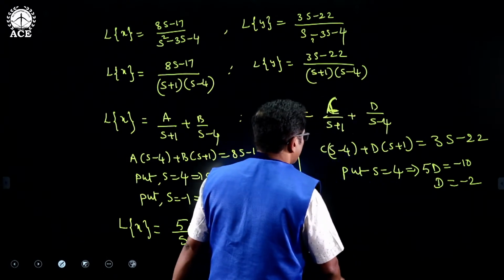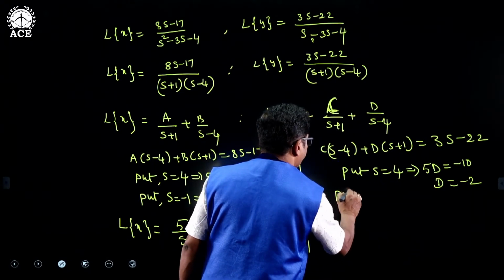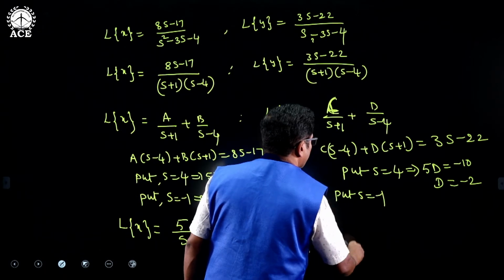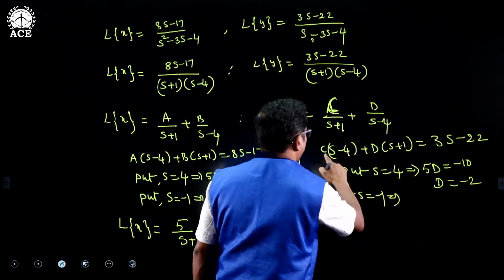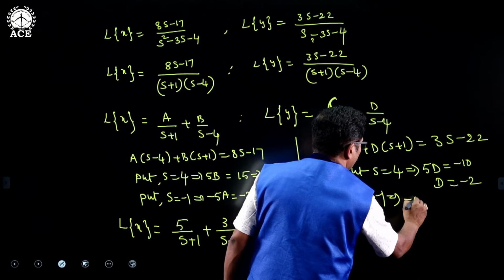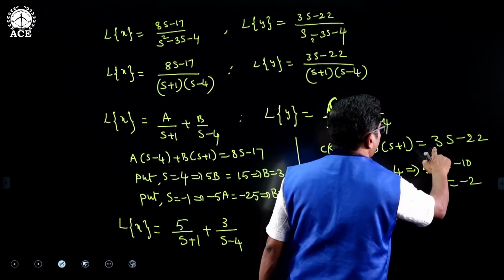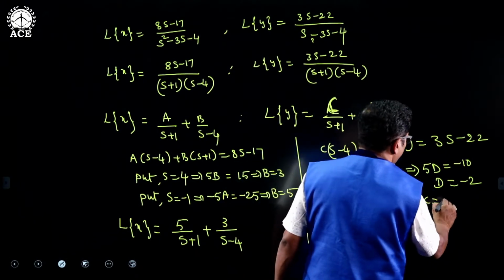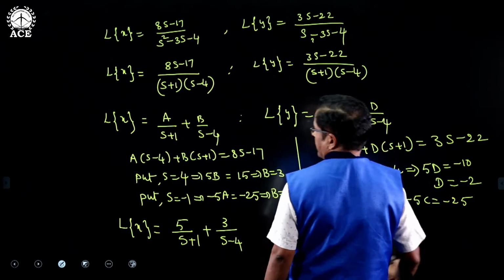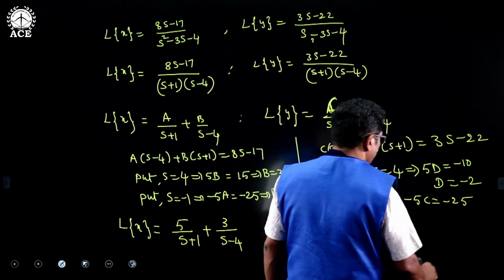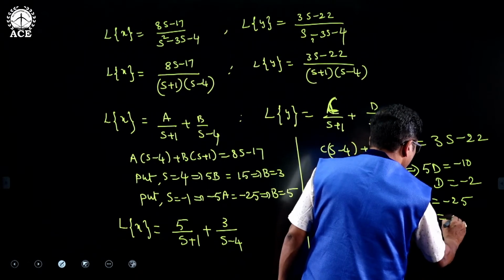So d is equal to minus 2. Next put s equal to minus 1, then minus 5c equals minus 3 minus 22, which is minus 25, so c is equal to 5.